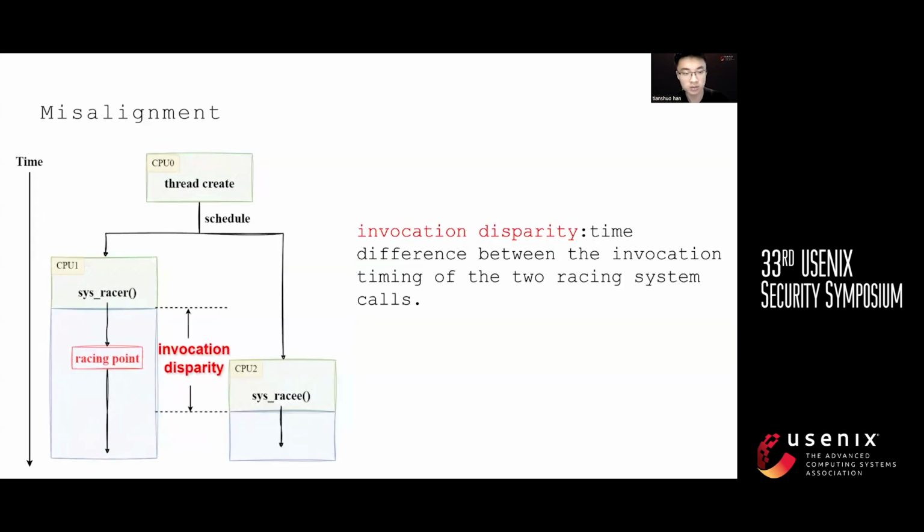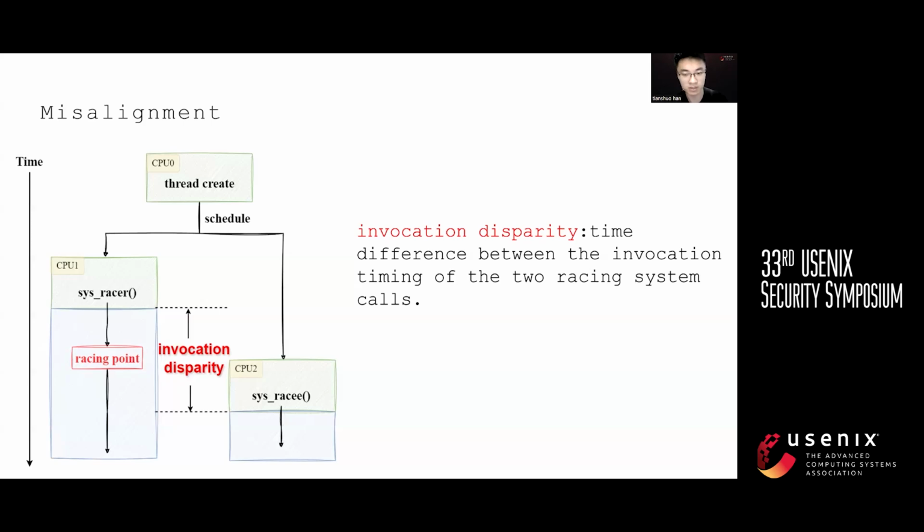Additionally, because of the nature of the scheduler, a thread or a process doesn't start executing right after its creation. The kernel will place a newly created thread in a queue for future scheduling. As a result, when the two racing threads are created, there will be a random time difference in the actual timing of their execution. For instance, as illustrated in this diagram, the racing point might have completed before the other thread is scheduled.